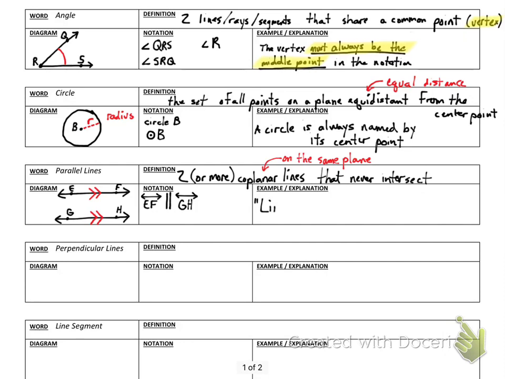And that says basically line EF is parallel to line GH. So that would be your translation for that notation on the left.